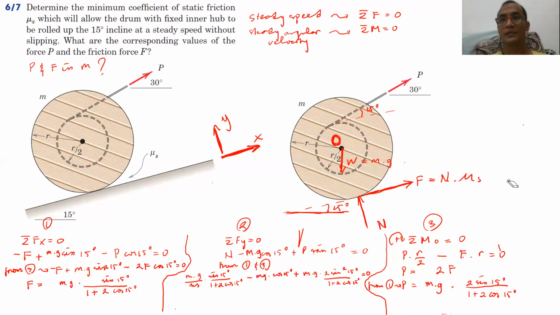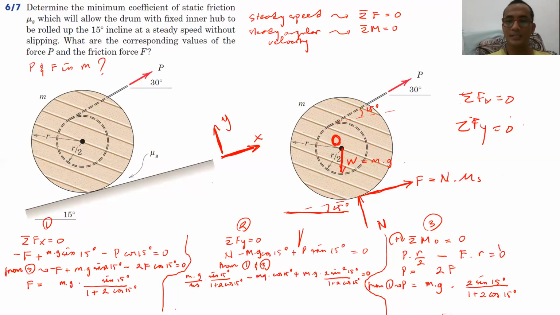Then for this kind of problem, we have 3 equations instead of only 2. In the friction case, normally, in homework number 1, because it's a point equilibrium, you have only two: sigma Fx equals 0 and sigma Fy equals 0.